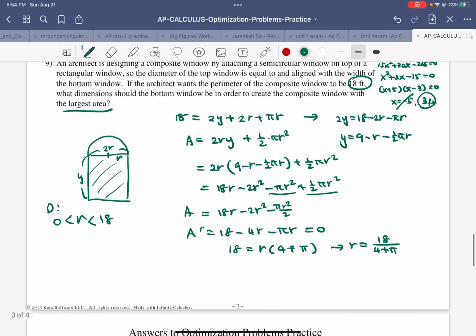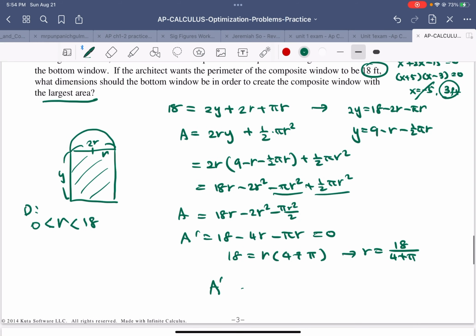Now you can check A prime. So 18 over 4 plus pi. You need to use a calculator for this. And before and after, when you substitute into here, right? Then you will get positive and negative.